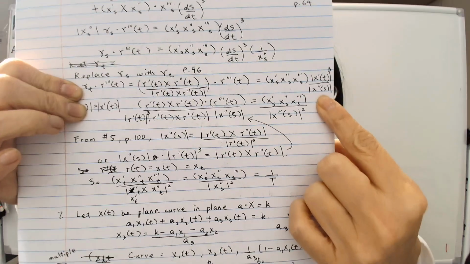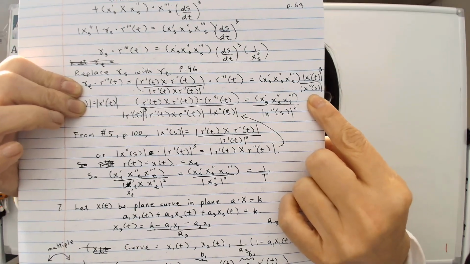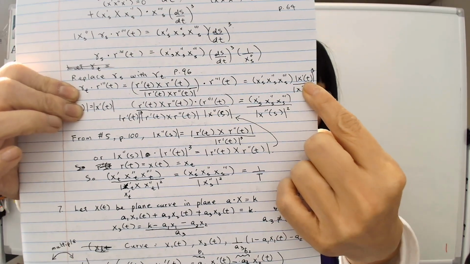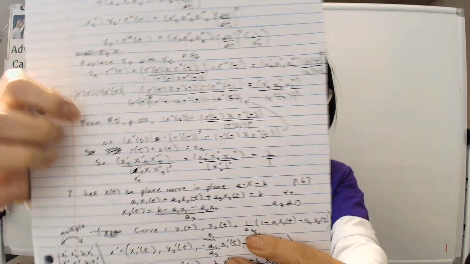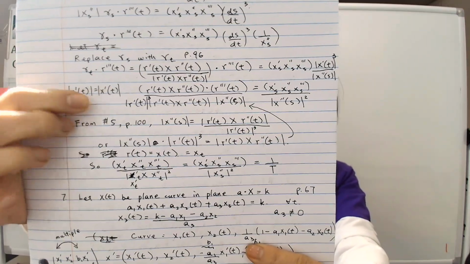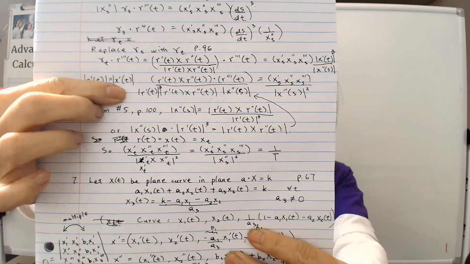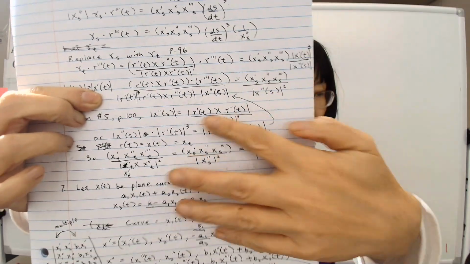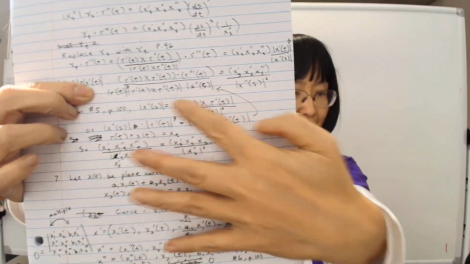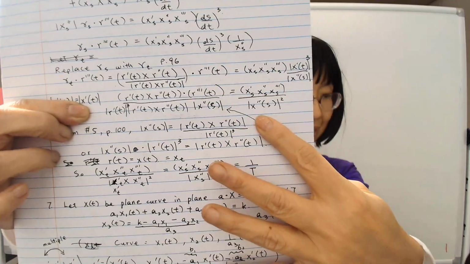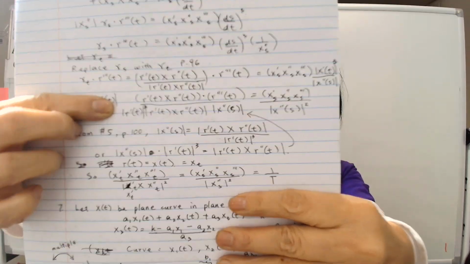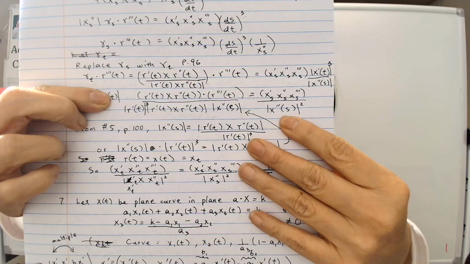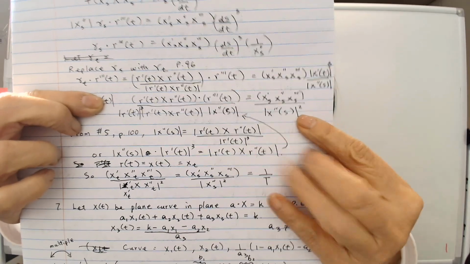And remember, ds by dt is x prime of t, which is r prime of t, by the way. Bearing that in mind, we rewrite things a little bit. I divided the x prime of t over to this side, so we only have r prime of t down here. Now we only have x double prime of s in the denominator here.